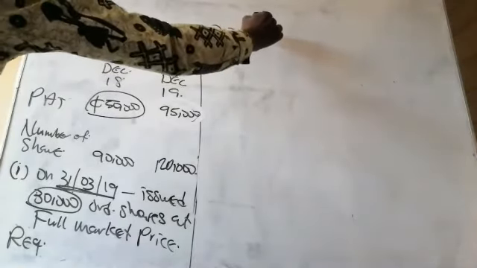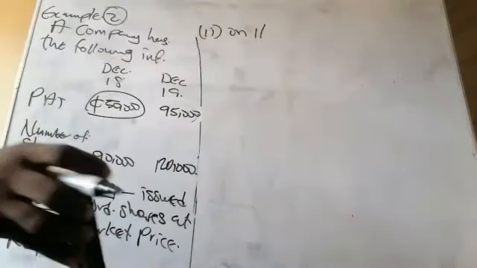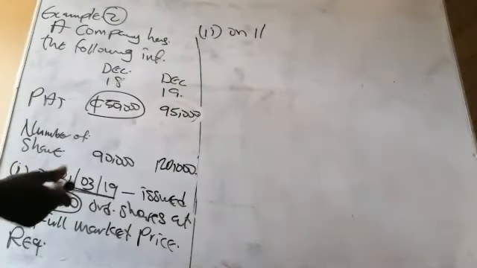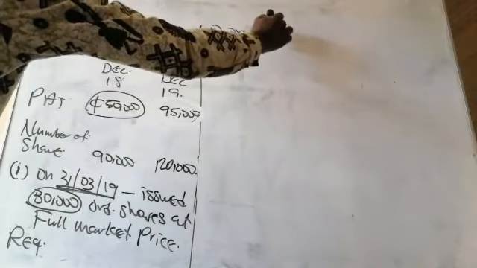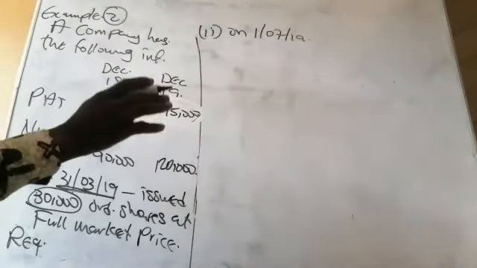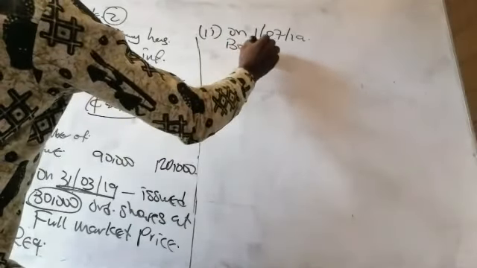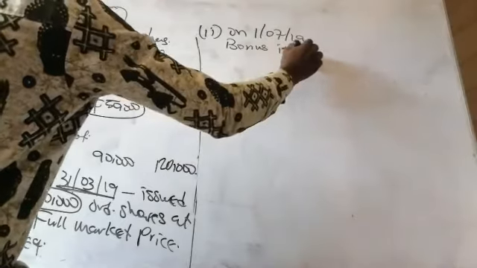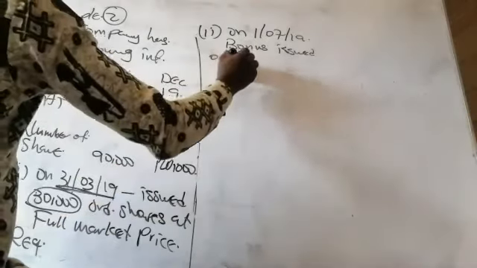Note 2. On 1st of July 2019, that's after March, right? For simplicity, the company made a bonus issue of 1 for 4.